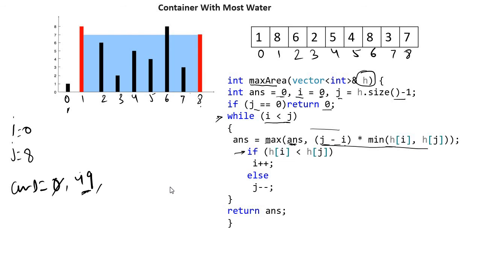If the height at i is less than the height at j, then we'll increase i, otherwise we'll decrease j. This way we calculate our answer and simply return it. Okay, thank you.